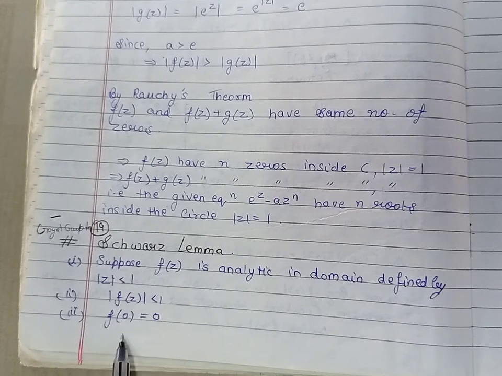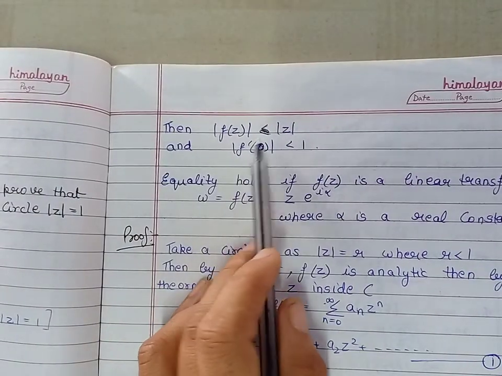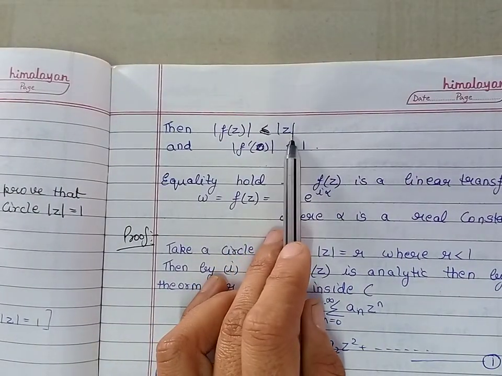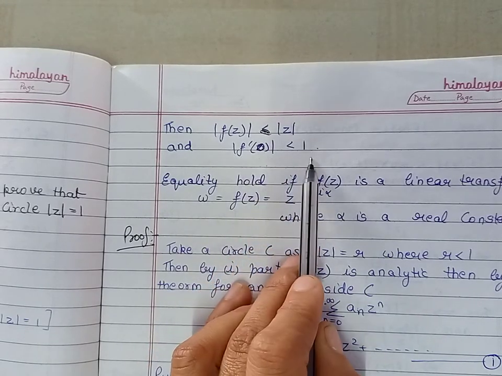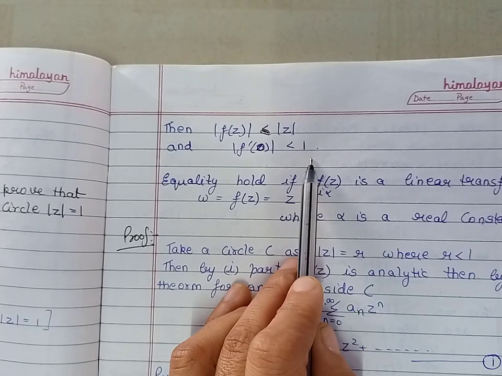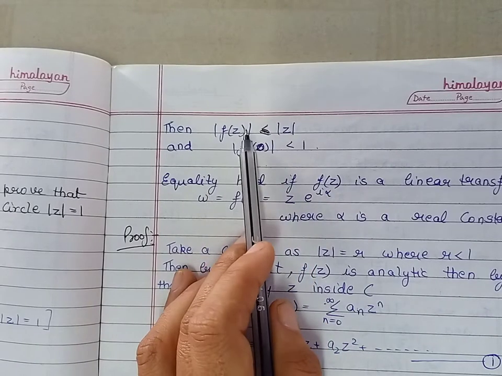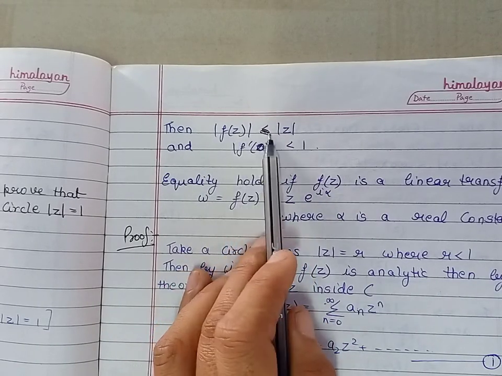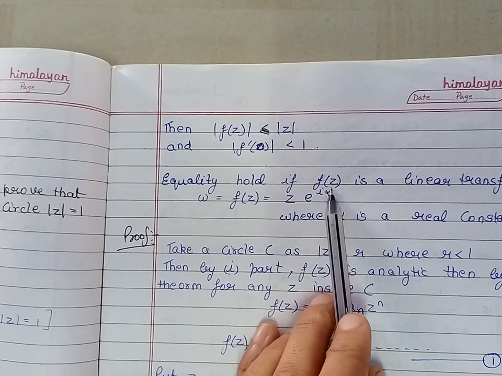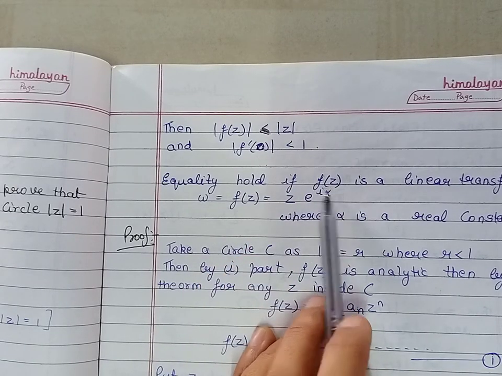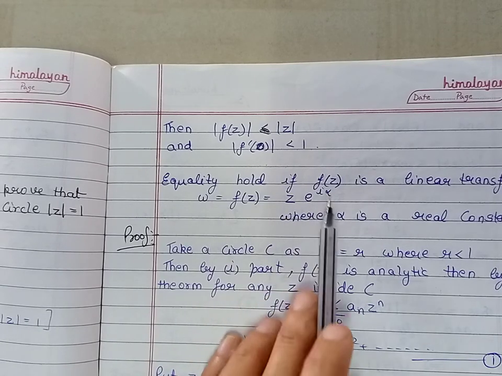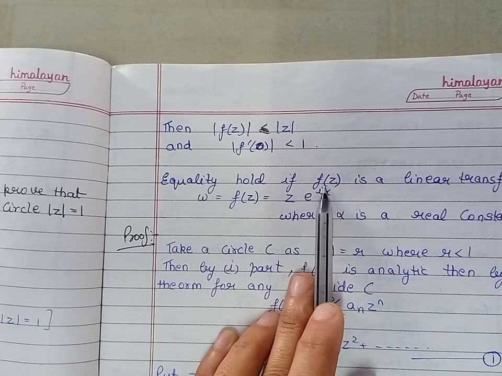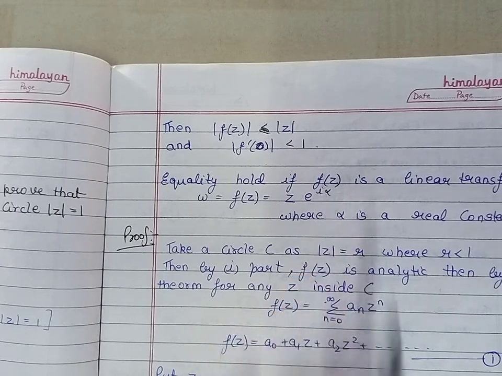If these three conditions are satisfied, then mod of f of z is less than or equal to mod z, and also mod of f dash 0 is less than or equal to 1. And the equality holds here if f of z is the linear transformation given by w is equal to z e raised to the power iota alpha. Here alpha is some real constant.